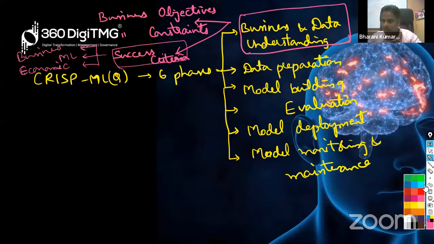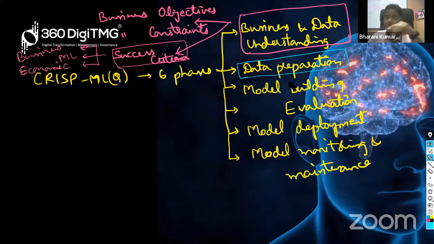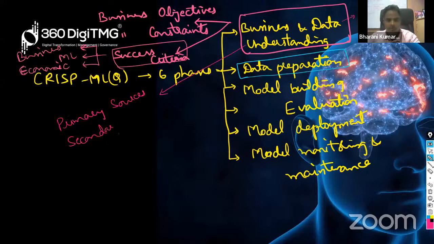And then we also have data preparation, which is the next phase. But even before we get there, as part of data understanding, you need to collect the appropriate data. So we have primary data sources, and we have secondary sources.